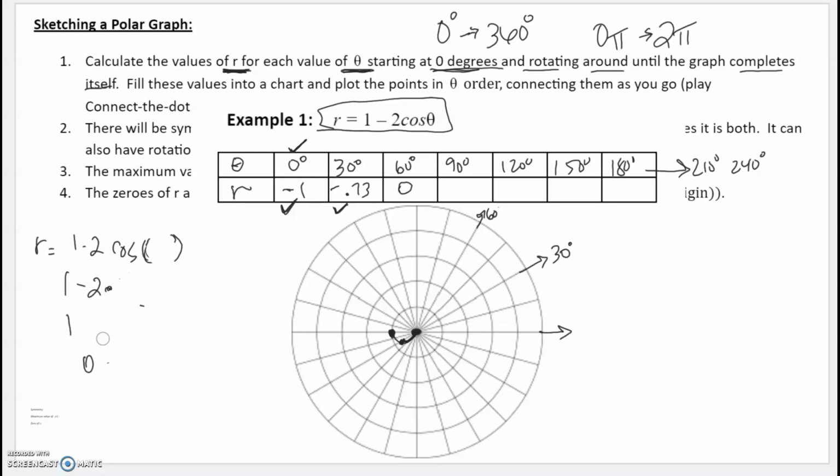All right, continuing. Let's see what happens. We are going to change that to a 90. Cosine of 90 is 0. 1 minus 0 is 1. So at 90 degrees, I'm going to face 90 degrees and walk from my pole towards 90 degrees, 1 radius.